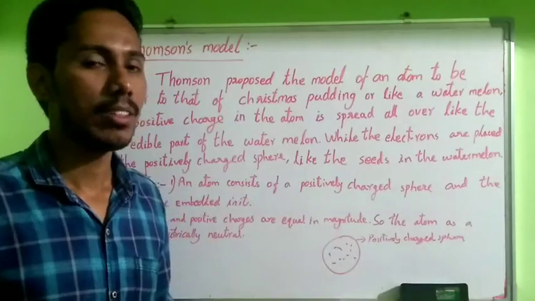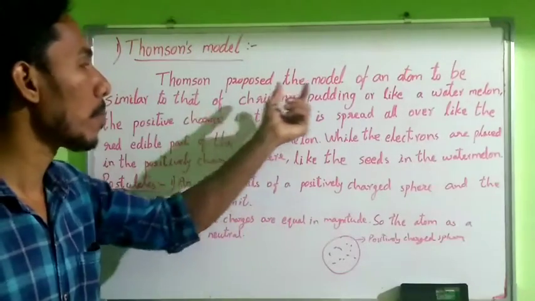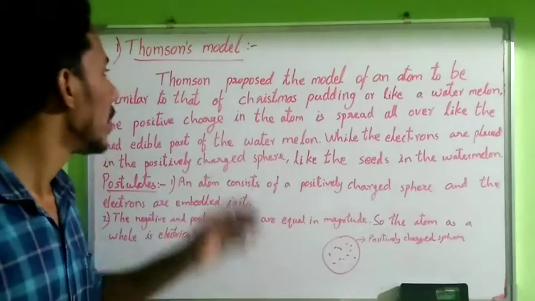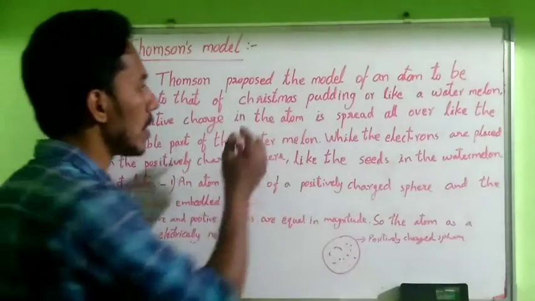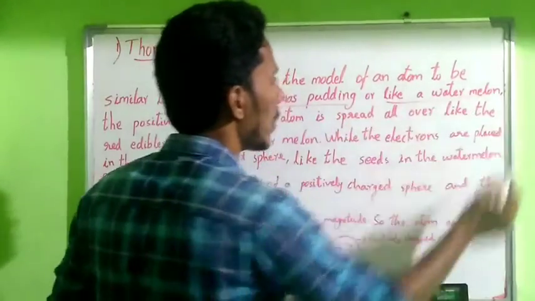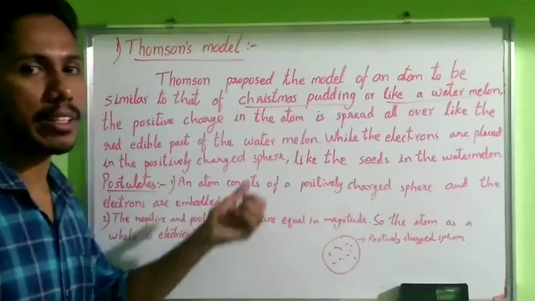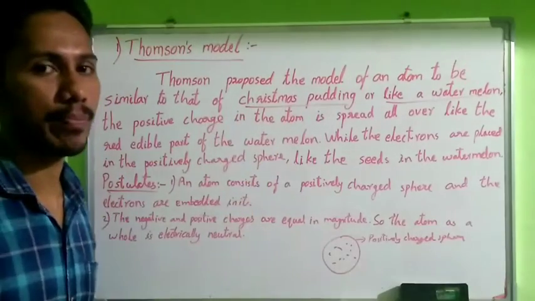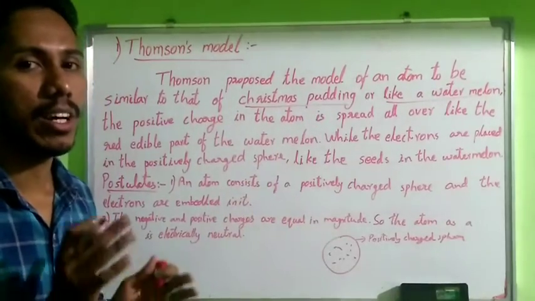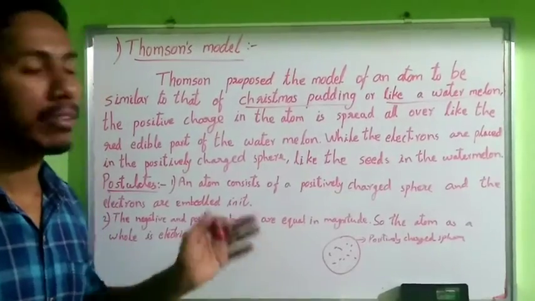Thomson proposed the model of an atom to be similar to a Christmas pudding or a watermelon. He explained the structure of the atom in that way. It was the first theory about the structure of an atom.